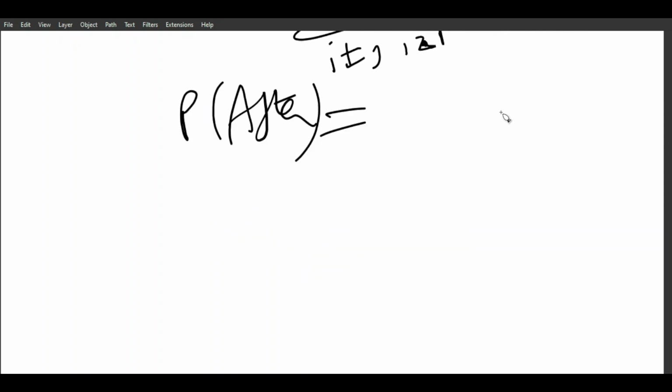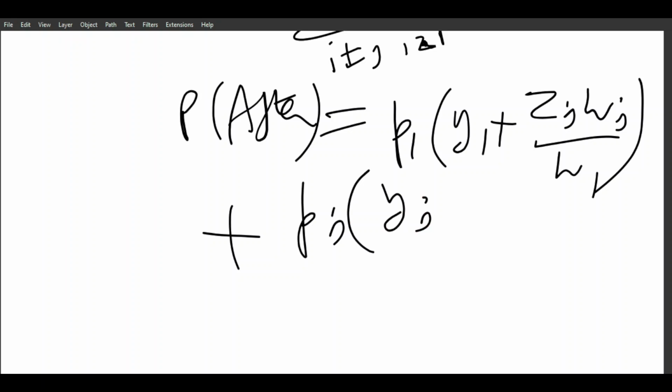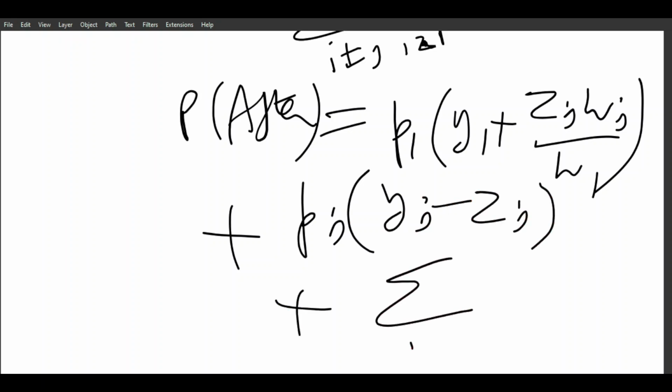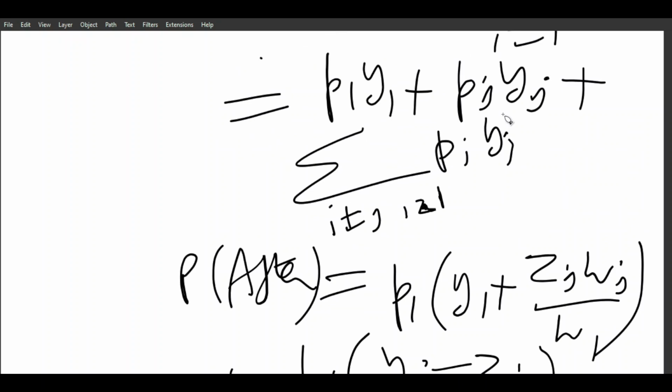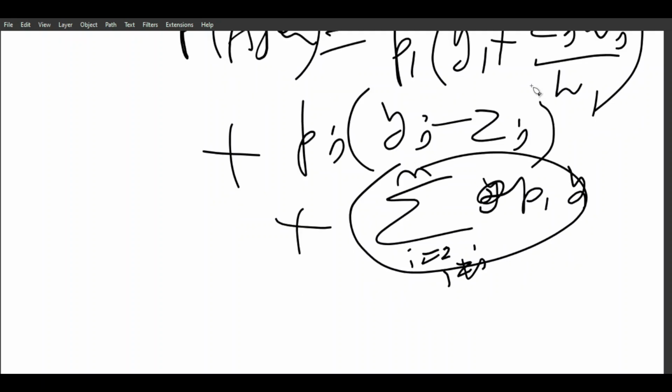Profit of the first item is p1 y1 plus, you can verify the expression, zj wj divided by w1, plus the new profit of the jth item, where we have reduced the fraction by zj, plus the remaining is the same, i from 2 to n, i not equal to j, pi yi. So the third term remains the same in both, before as well as after. The only difference is in the profits of the first 2 items. So just subtract and see what the difference is.